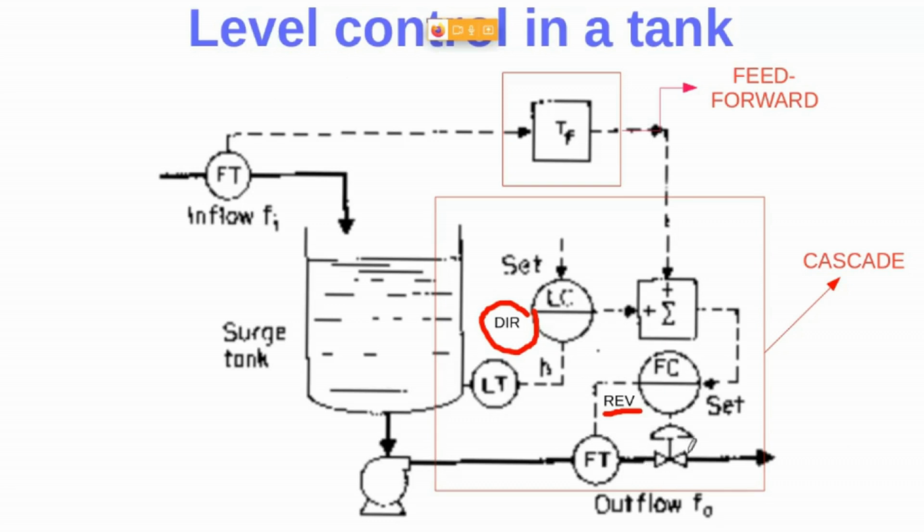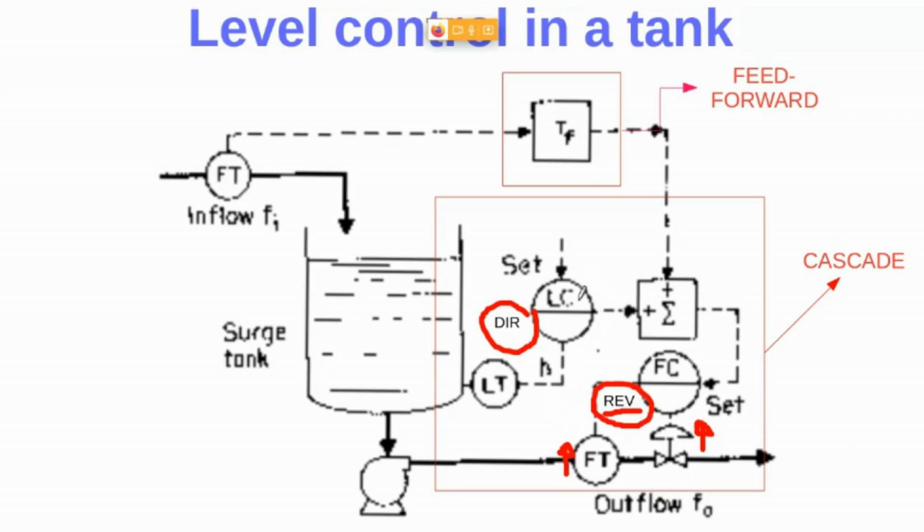So there is a positive relationship. When you open the valve, the effect, that is the flow, will also increase. So we have a positive relationship in the process we are controlling. We are controlling the flow process in here. So that's why this is configured with a reverse controller action.